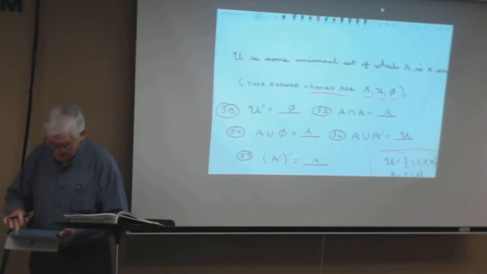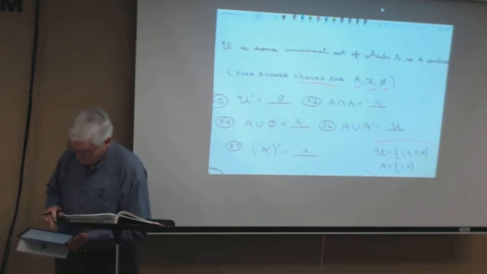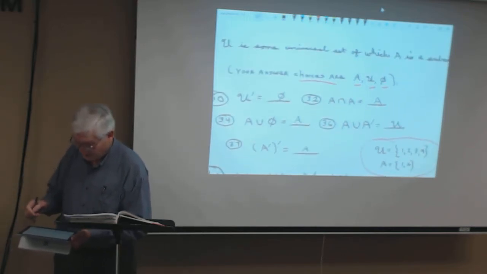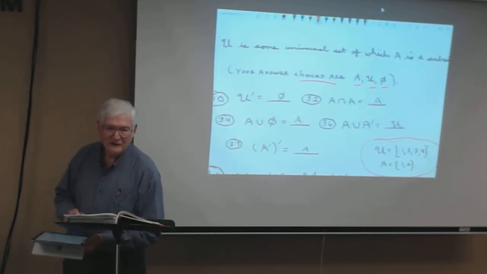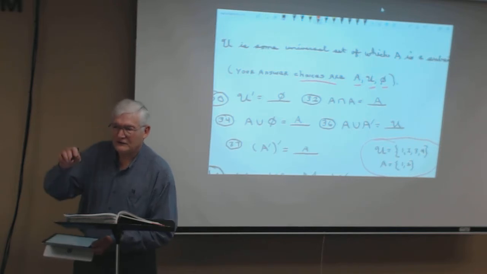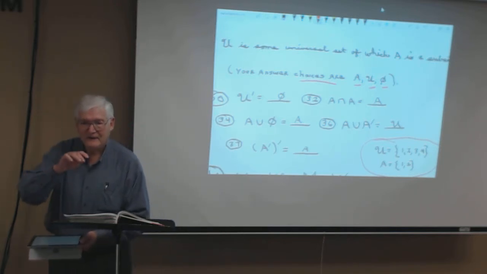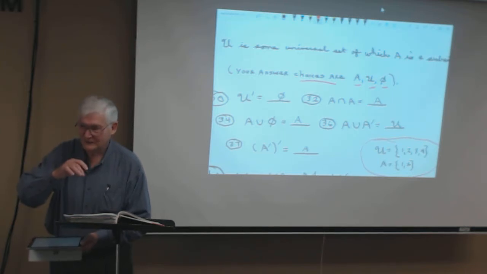So, problem number 30. I'll keep our little picture down in the corner, but what's the complement of the universe? If I take the universe and take everything out of it, then I have the complement of the universe, which would be what? Empty set.